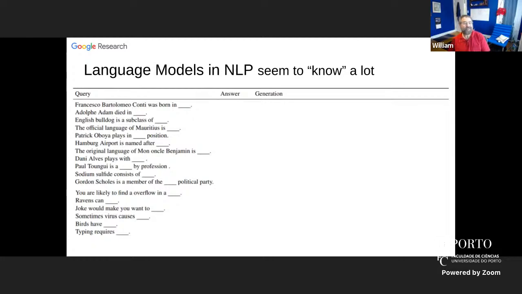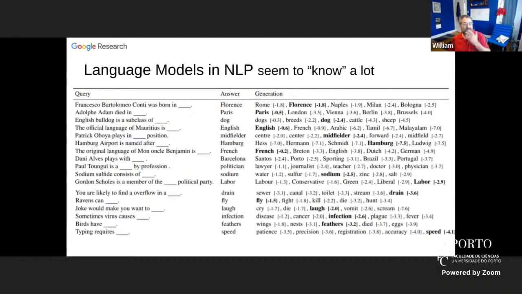But anyway, the correct answer is Florence. The answer that this language model likes best is Rome. Second, Florence, then Naples and Milan. So at least it knows this guy is Italian. That's good. I don't know if it really knows that person's name, but it knows something.